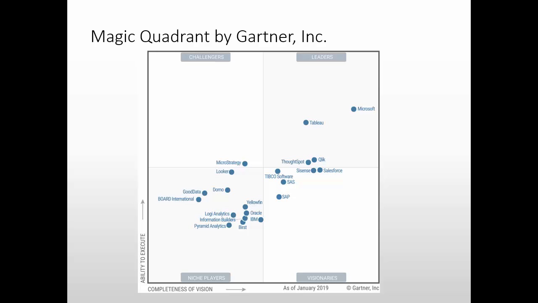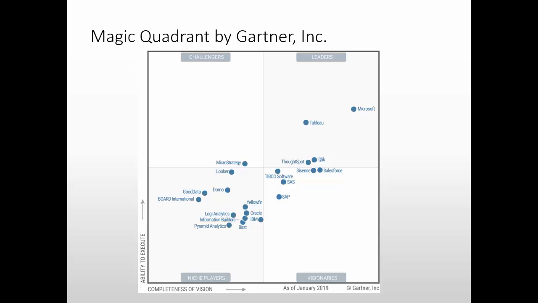So, they collected the information and they consolidated the data that they got back into two scales. One is completeness of vision, and then ability to execute that vision. Okay. And they selected the best among all the software platform providers from that analysis, and then they plotted that here.